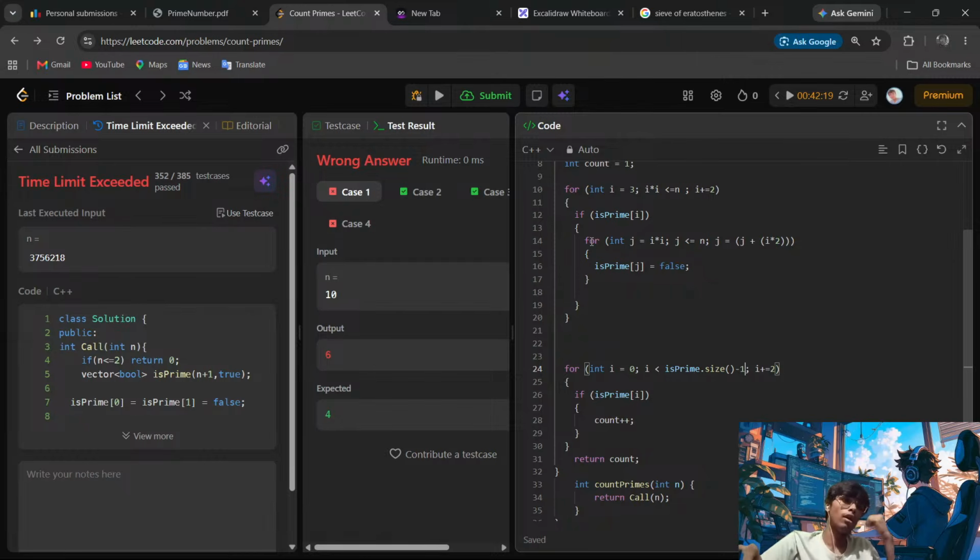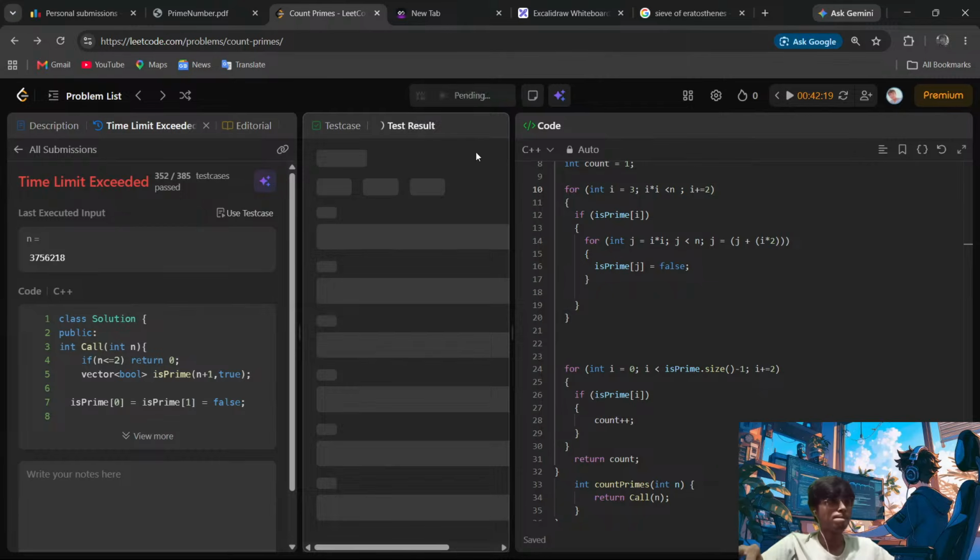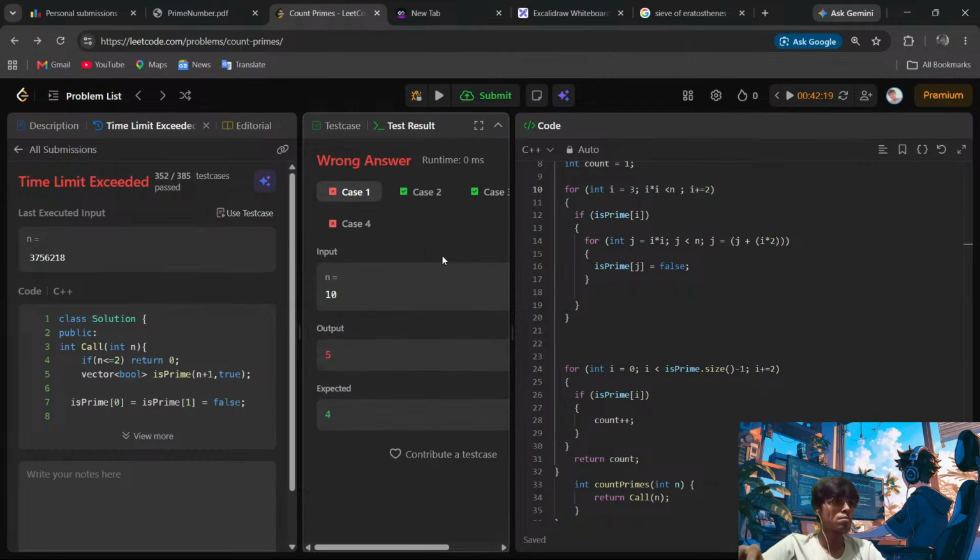I'm thinking in the right direction, but something went wrong. Hmm, will this be less? No, no, no. What is the output?